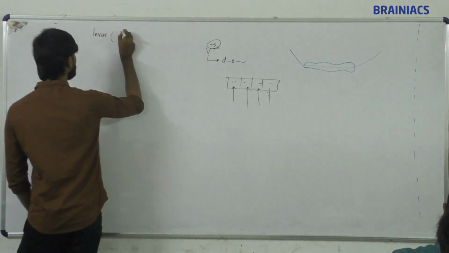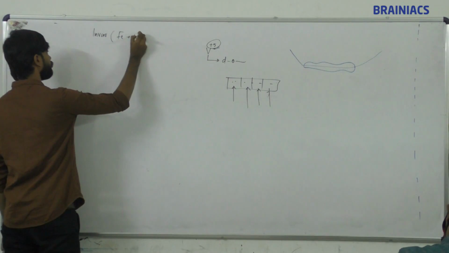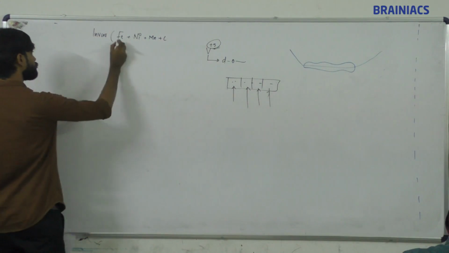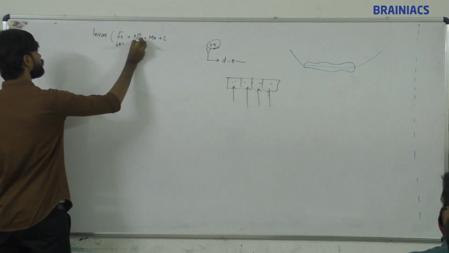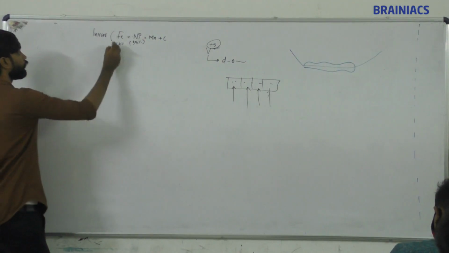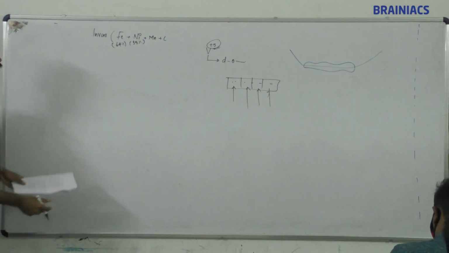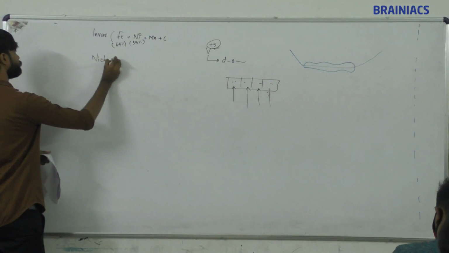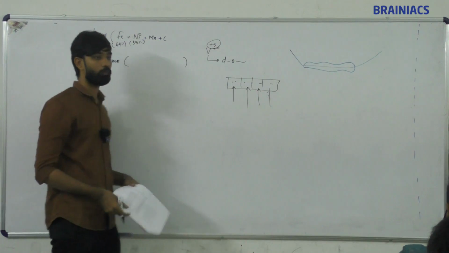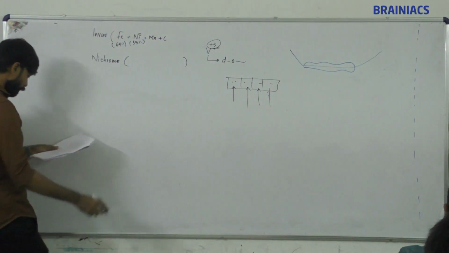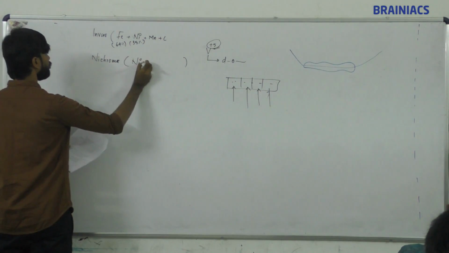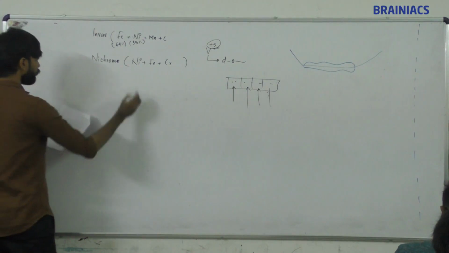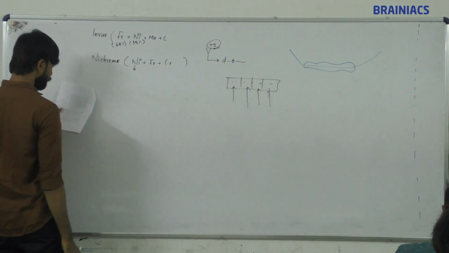Fe plus Ni plus Mn plus C. Well, the composition is nearly 64% and 35%. Invar. The next is nichrome, where the arrangement has nickel, iron, chromium, and the greater content is nickel.